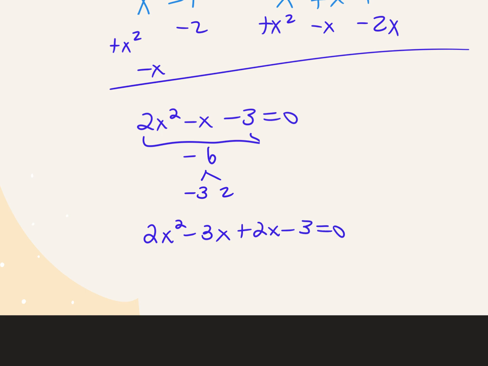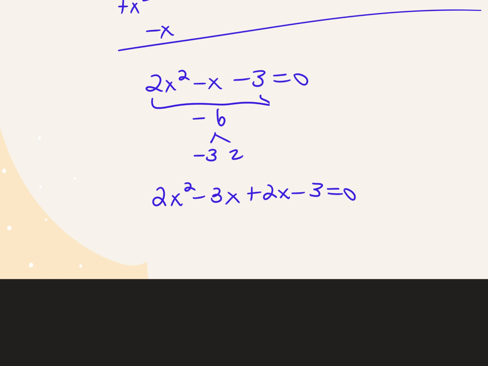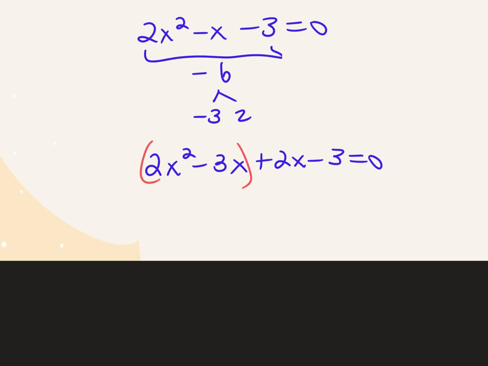If you put them in different spots, if you put plus 2x and minus 3x, you get the same thing. Just got to make sure your signs are correct. But when I factor, what do I take out of the first two? Take out an x, I'm left with 2x minus 3. And my second group, what do I take out? A 1, so plus 1, I'm left with 2x minus 3.